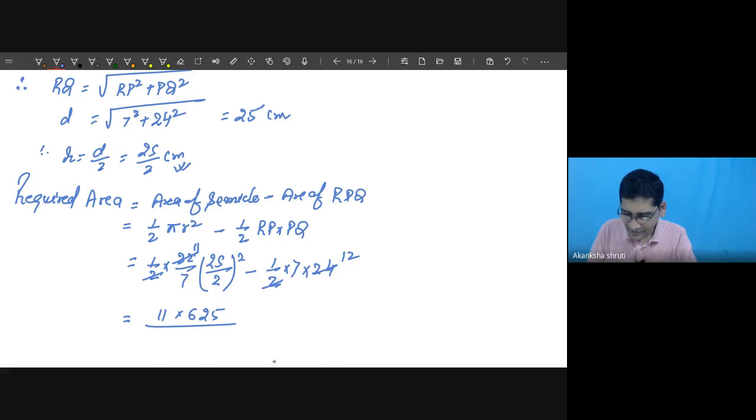Divided by 14. Now 7, 2 into 2 is 4. So 28 minus, yeah, do it. Find it quickly. Tell me what will the value for the first one.